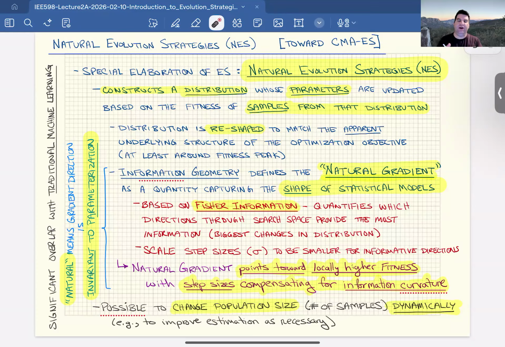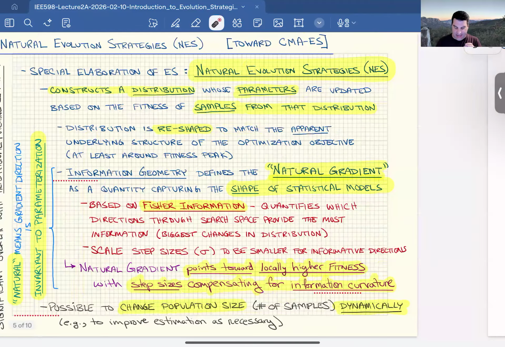Maybe locally, we're going to increase our lambda, increase the number of samples that we're going to generate in order to gain information about how to change these parameters. So you can change population size flexibly over time, dynamically, because of how this algorithm works.